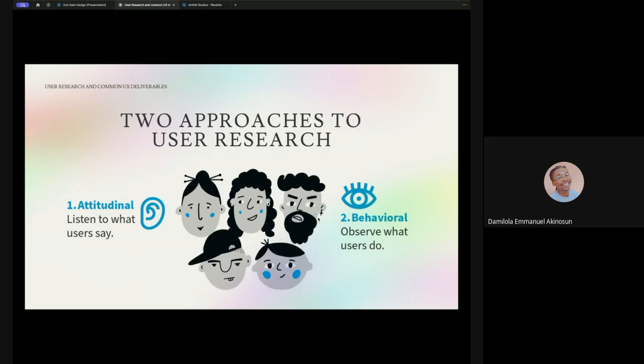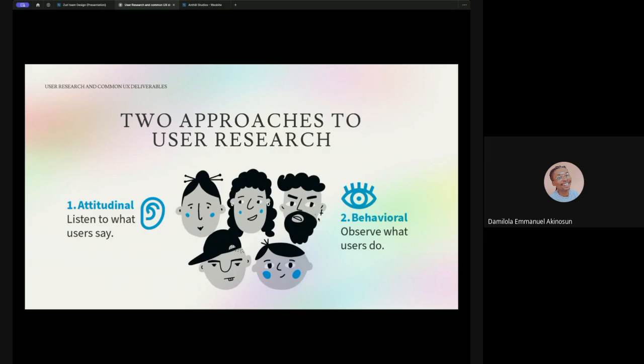So if we're going to break this back down into the two subjects that we just talked about, attitudinal is going to fall under quantitative, where we send out surveys and the people tell us their responses. That's what they are saying to us, right? But then there is the qualitative, where it's not necessarily about what people say, it's about what they do.